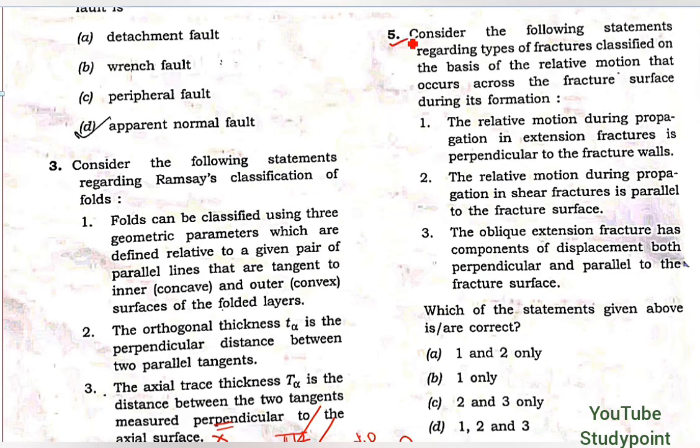Next, question number 5. Consider the following statements regarding types of fracture classified on the basis of relative motion that occurs across the fracture surface during its formation. 3 statements are given. Statement 1. The relative motion during propagation in an extension fracture is perpendicular to the fracture wall. This is right.